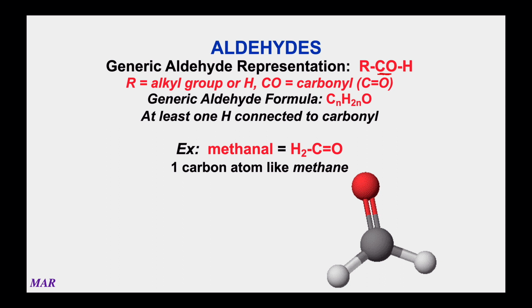So methanal is the name of the aldehyde with 1 carbon. Ethanal would be the name of the aldehyde with 2 carbons. You'd have a C double bond O with only 1 hydrogen, and the other side of it would be a methyl group. But methanal is just 1 carbon. So be aware, aldehydes and ketones are very similar.